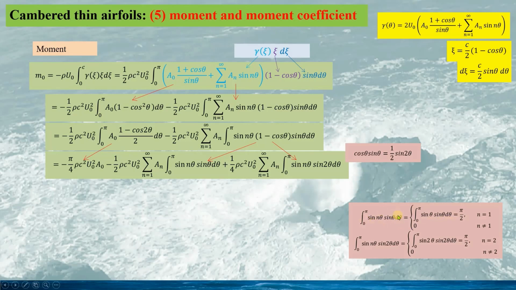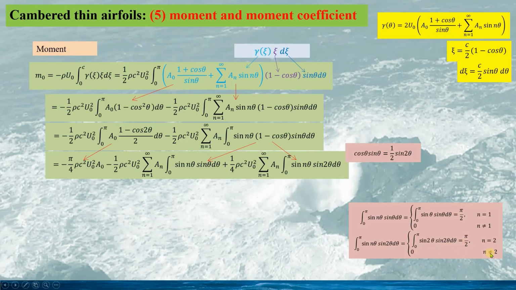Here, for this term, when n equals 1, it is non-zero, given by pi divided by 2. Otherwise, it would be 0. And for the integration in the last term, we can see only when n equals 2, the integration would be non-zero.